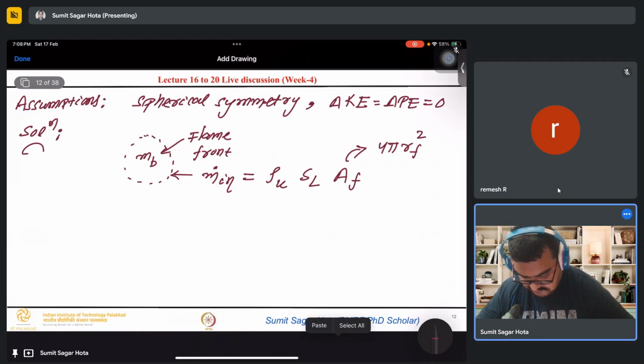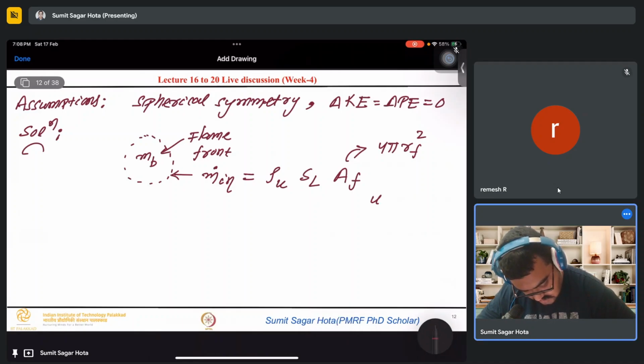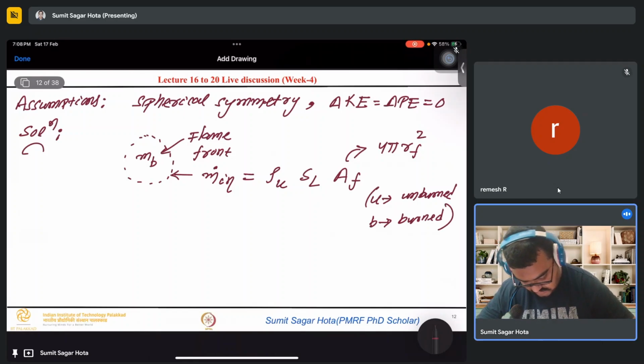Here f is for flame front, u is for unburned and b is for burned. Now what is mb? It is rho b times the volume of the sphere, which is 4 by 3 pi r cube.